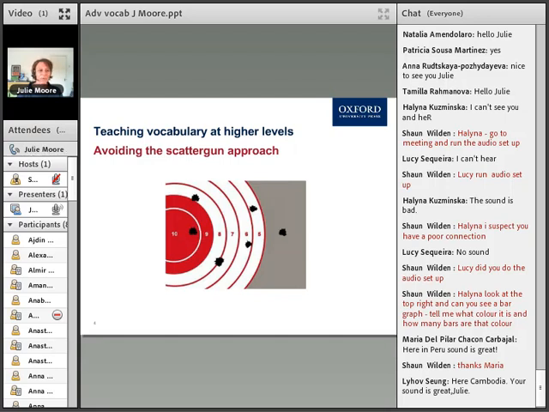Well, I have to admit that when I started teaching, my approach to vocabulary at higher levels was a bit of a scattergun approach. I got quite excited because I was no longer restricted to the vocabulary I could use with the lower level students. Now I had this free range of all this wonderful vocabulary that I could use with my higher level classes.